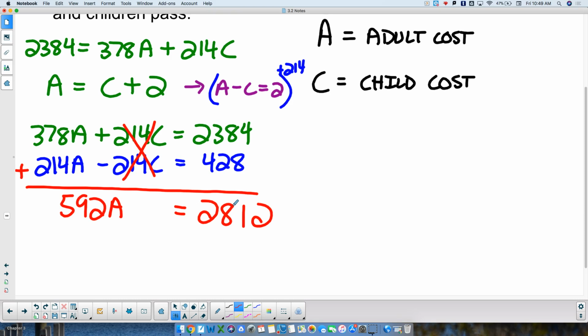Divide both sides by 592. Ooh, I'm going to need some help on this one. Somebody with a calculator. 2812 divided by 592.